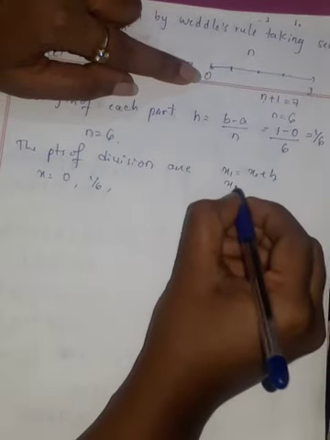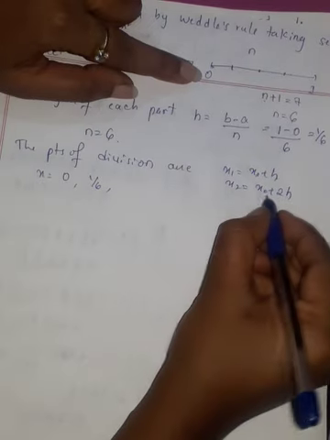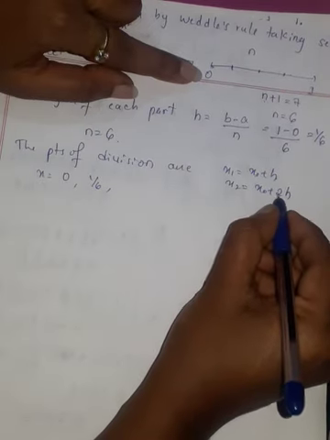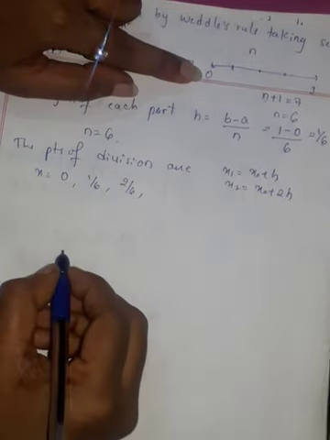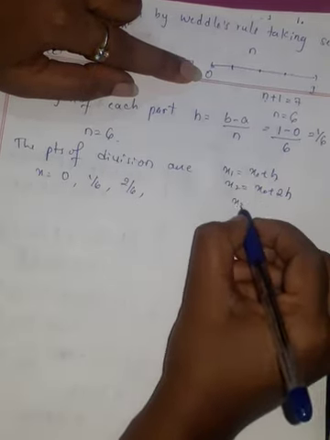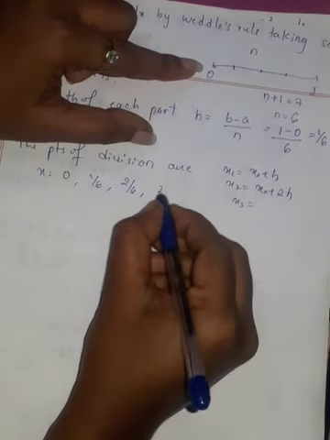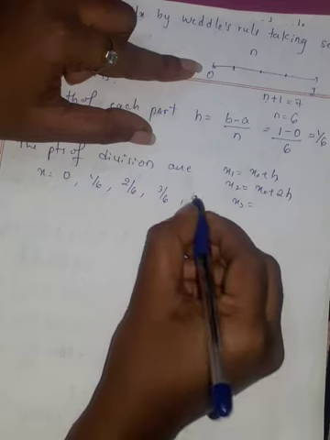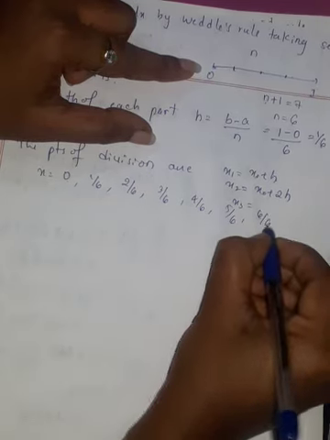Next, x2 is x naught plus 2h, so 0 plus 2 into h, which is 2 by 6. Next is x3, 0 plus 3h, which is 3 by 6. Next is 4 by 6, 5 by 6. Last is 6 by 6.